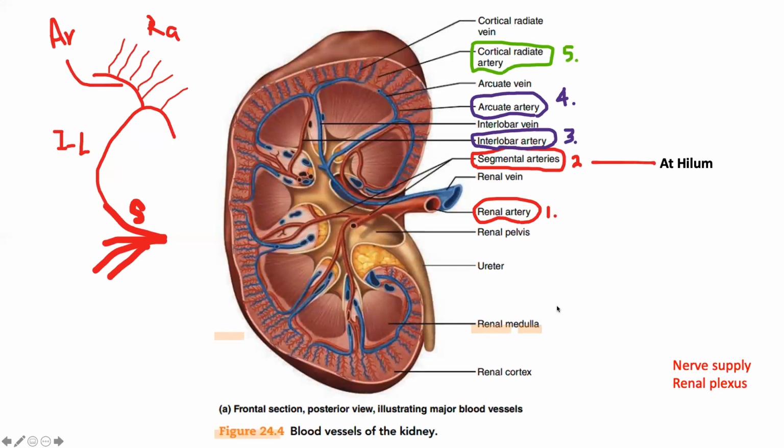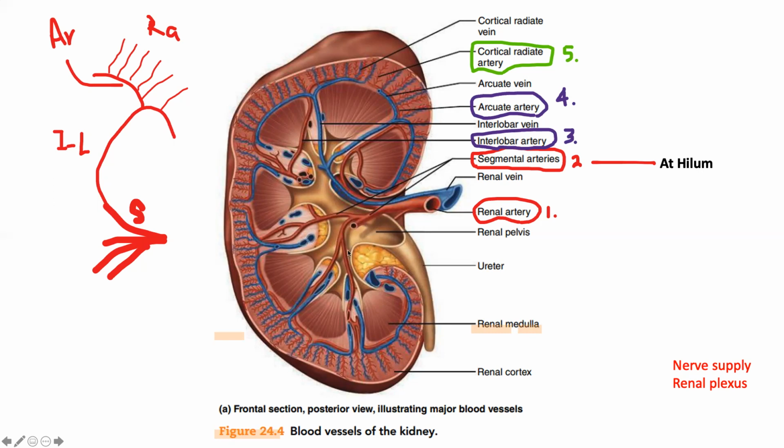So now let's identify the renal artery. So this is the main renal artery coming from the abdominal aorta at the level of lumbar 1, coming into the kidney, and then once they get into the kidney, they quickly divide into the segmental arteries.